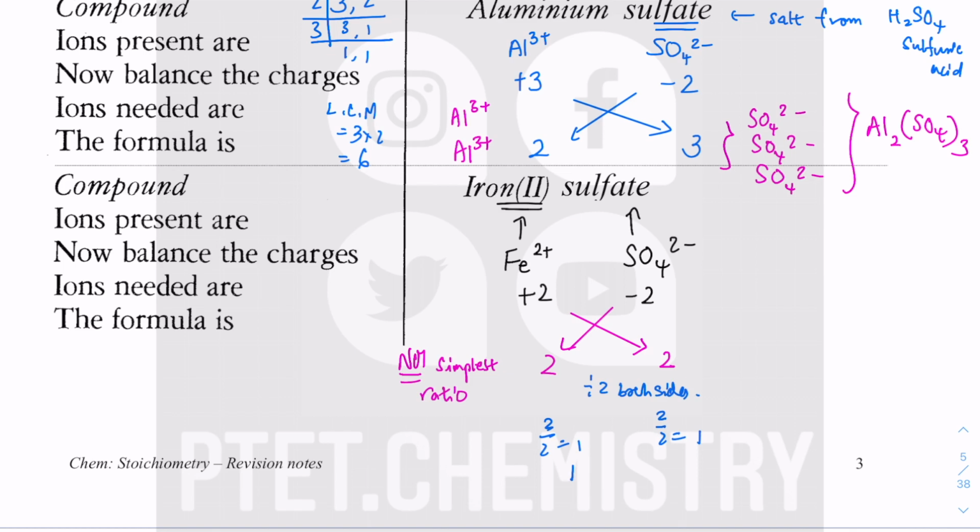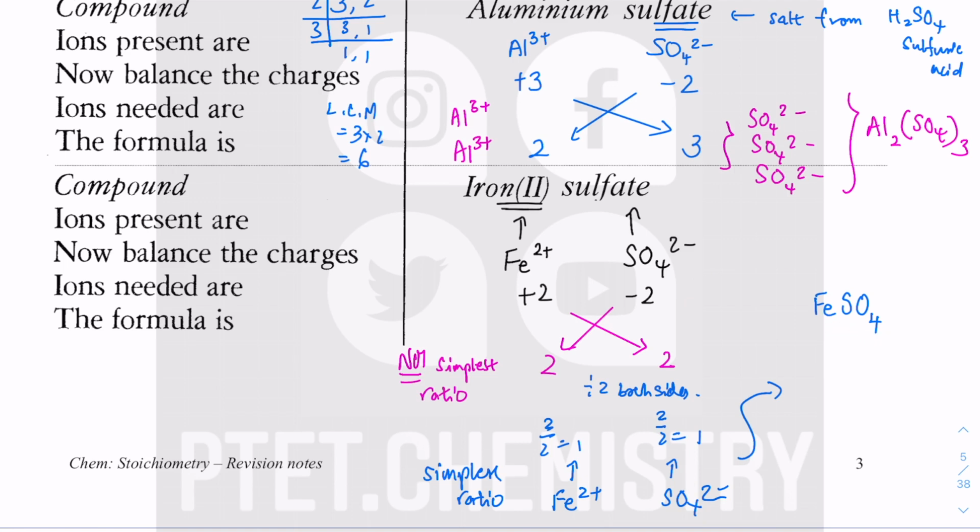So now it makes sense because you need 1 of the iron 2 plus and 1 of the SO4 2 minus in the simplest ratio possible. And remember that a compound consists of 2 or more different elements chemically combined together in a fixed ratio, and you want it in the simplest ratio possible. So it's FeSO4, 1 of the iron 2 plus, 1 of the SO4 2 minus. This is the formula for iron(II) sulfate.